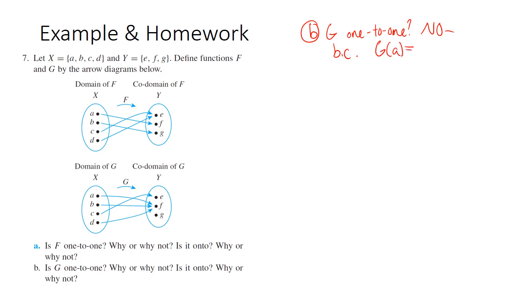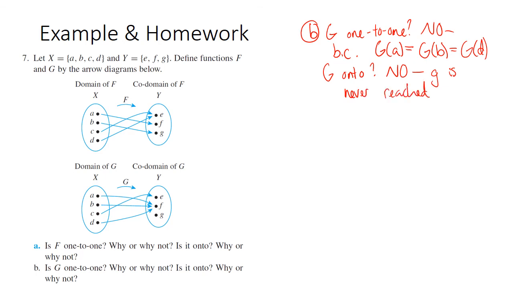So g of A, B, and D are the same. Okay, and then is g onto? No, it is also not, because little g is never reached.